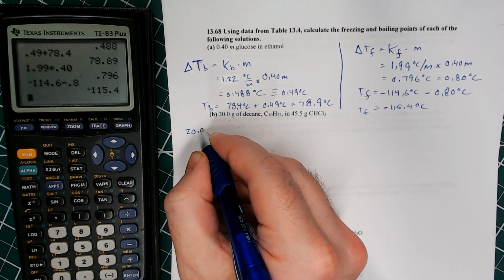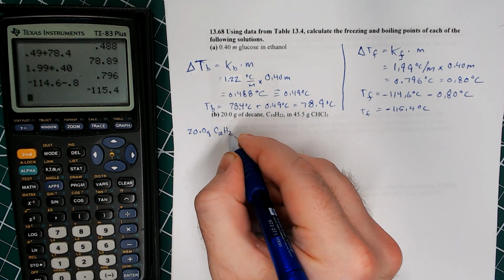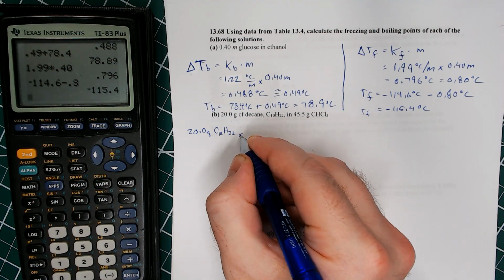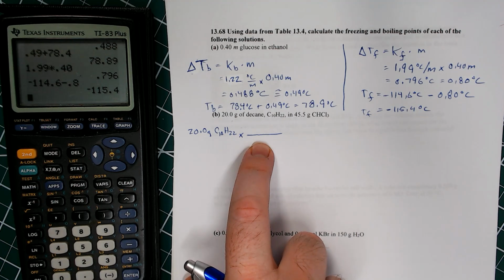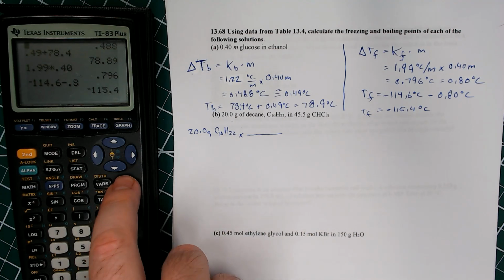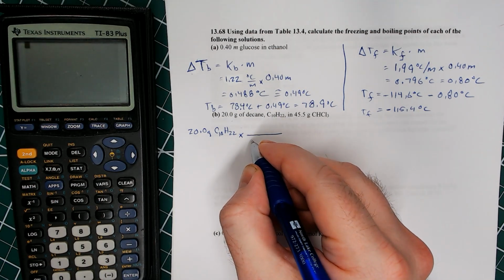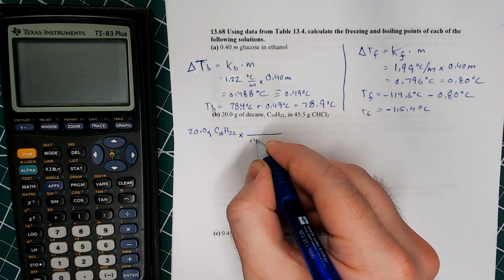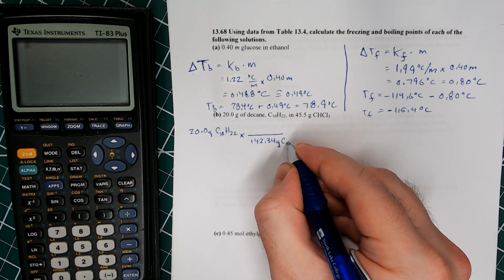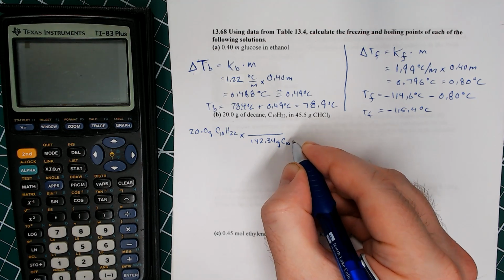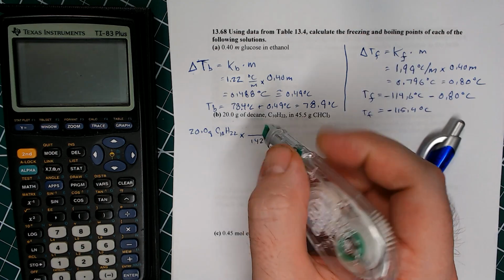So first, let's calculate the number of moles. So 20.0 grams of C10H22, and our molar mass, I calculated that for C10H22, comes out to 142.32 grams of C10H22 per mole. Oh, that's 32, not 34. Not a huge deal, but might as well get it right.